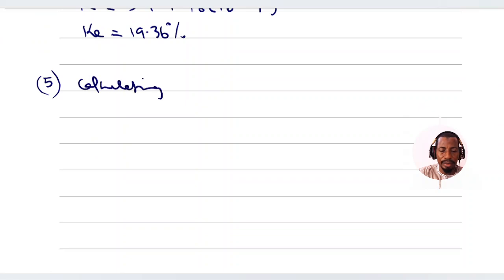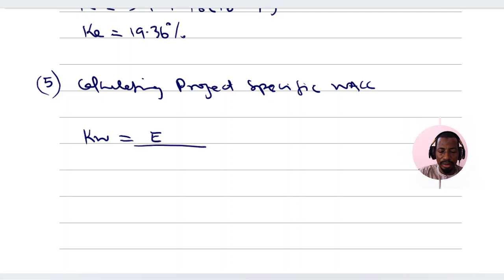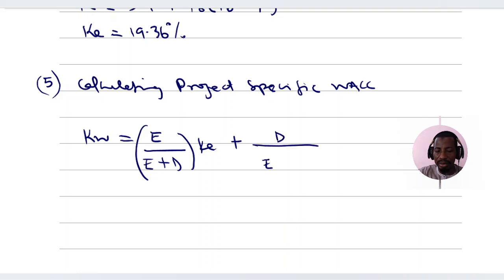Calculating project-specific WACC. Okay, so project-specific WACC, denoted as KW, is calculated as equity value divided by equity plus debt, multiplied by cost of equity, plus debt value divided by equity plus debt, multiplied by cost of debt, times 1 minus tax.